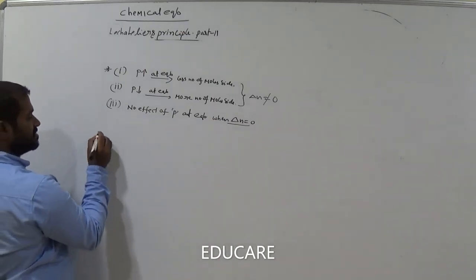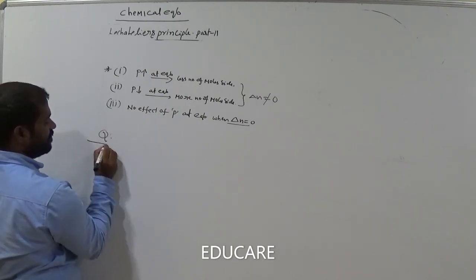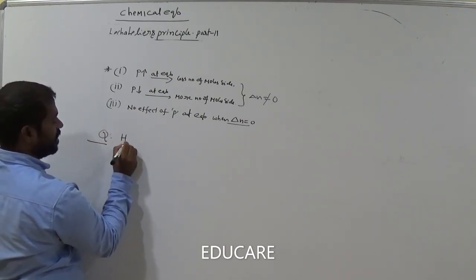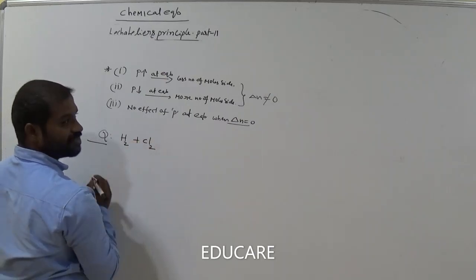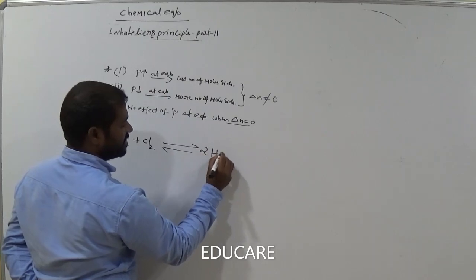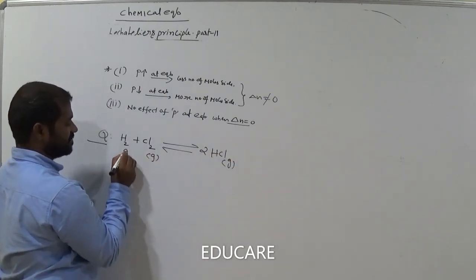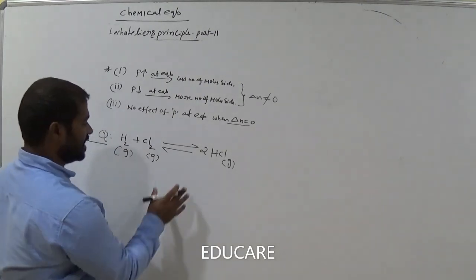So let's see the example. Question: H2 plus Cl2 is reversible 2HCl. Am I right? This is the gaseous product. These are the gaseous reactants. Okay, this is the equation.